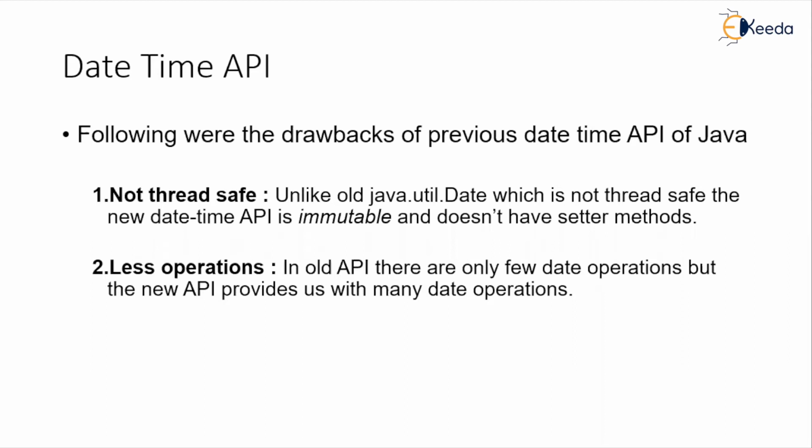Prior to this Java 8 version, we never had any dedicated API or dedicated package which would allow us to have classes which directly work on the date and time information. What we used to do is make use of either the java.util.date class or the java.sql.date class. Now, depending on the requirement.